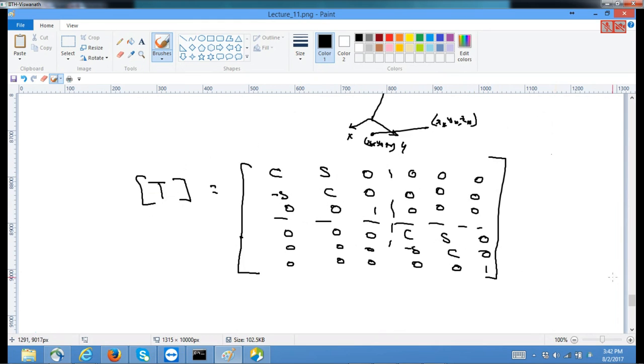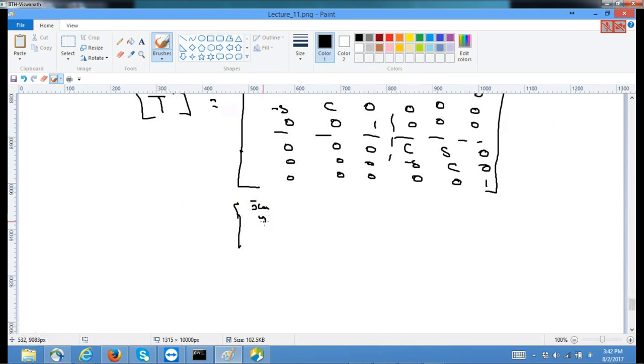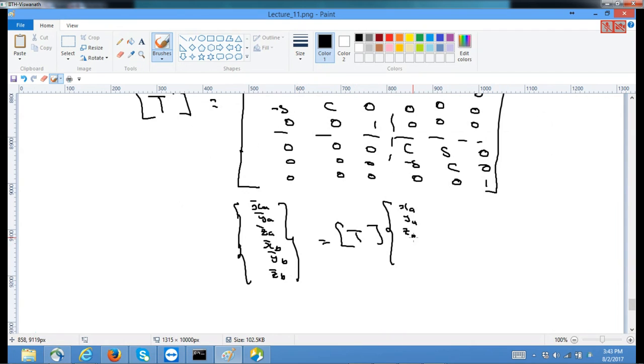This T matrix would transform from x bar A, y bar A, z bar A, x bar B, y bar B, z bar B from x, y, z A, and x, y.